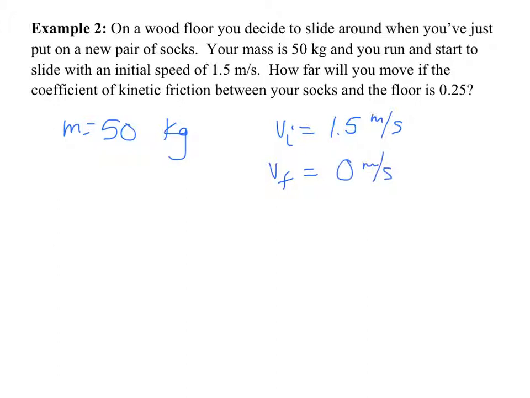Because you want to find when you stop. Very good. When you stop. How far do you move before you stop? What are you trying to figure out? You're trying to figure out the distance traveled in this problem or the displacement, either one, because it's the same direction. D equals x equals question mark. It doesn't matter which one of those we look for, really. And remember that mu K is 0.25.